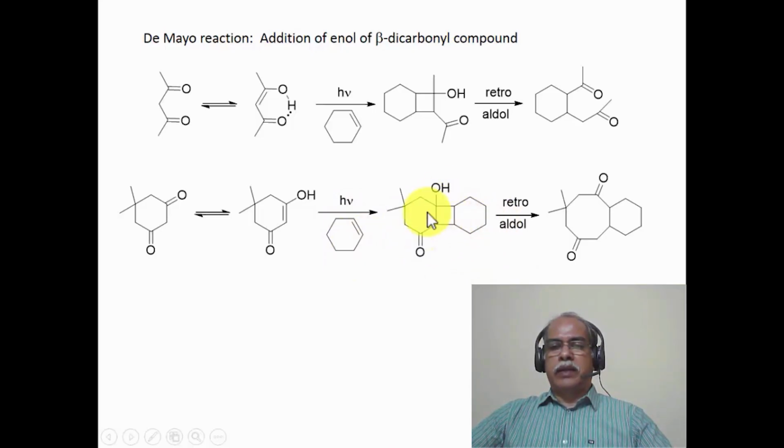Again, the retro-aldol reaction results in the cleavage of this particular bond, resulting in the formation of the 8-membered ring with 2 carbonyl functional groups that are shown in the relative positions in this final structure, for example. So this is a nice way of synthesizing an 8-membered diketone, which is a regioselective synthesis, in this particular case.